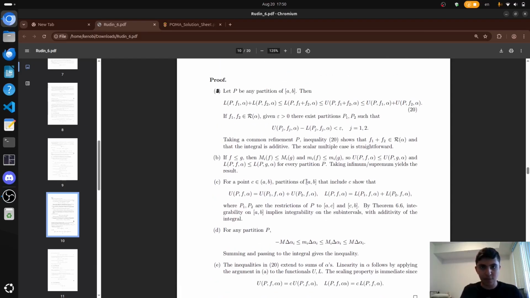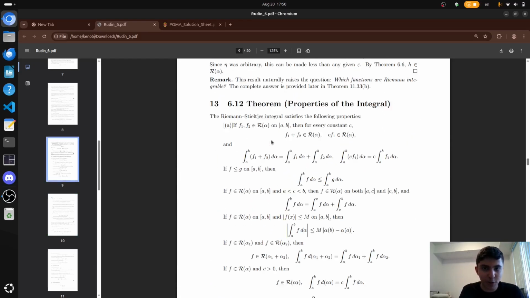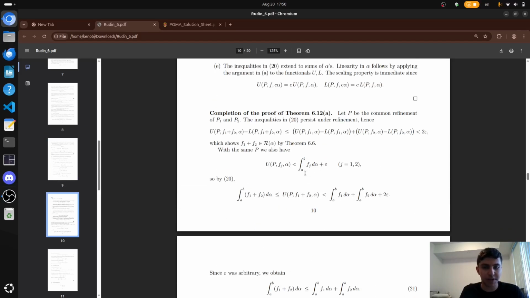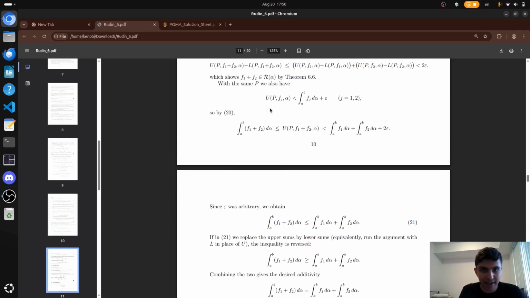Okay, we proved that this thing over here is in R alpha, but we didn't show that the sum is precisely this. Now that's what we're doing over here. That's the part we skipped. I added it later on over here. So with the same P, we also have U(P, f, alpha) is less than the integral from a to b of f dα plus epsilon.